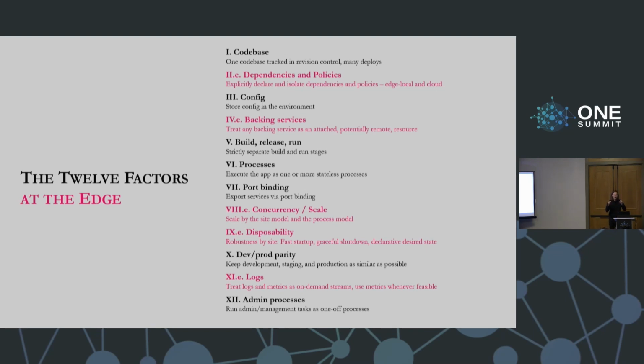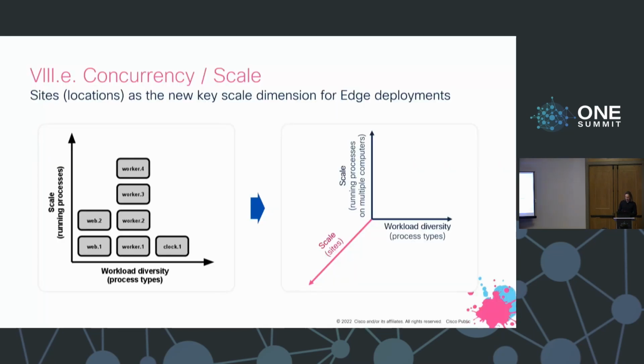As soon as we declare dependencies, these are no longer only software dependencies, but also dependencies that translate to where these things are. If you have backing services, these services can be remote, and how do you reach them? If you look at concurrency and scale, you're not only scaling by process, you're certainly also scaling by location. The same goes for redundancy and disposability, and logging we'll touch on in a little bit.